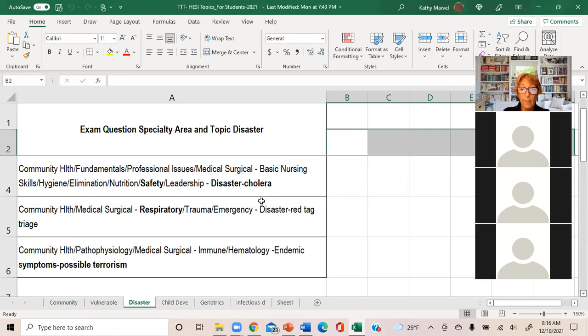What do you guys think? That would be, for instance, after Katrina with all the stagnant water and all that. Yep. So this came up in previous HESIs. So what I'm thinking is that it's a pretty common infectious, communicable disease after a disaster. So we should know that.